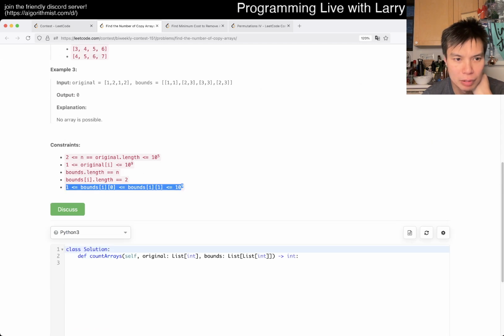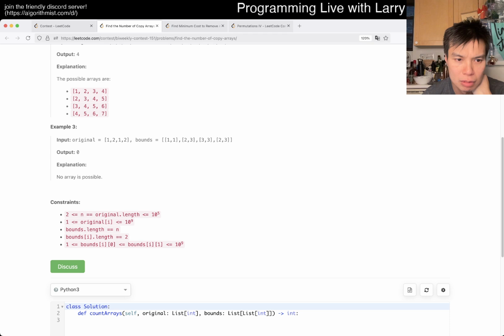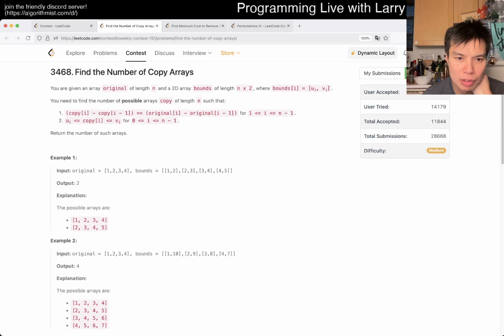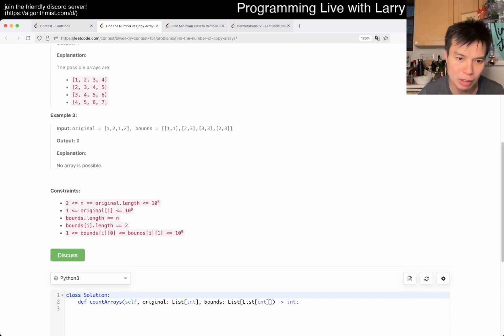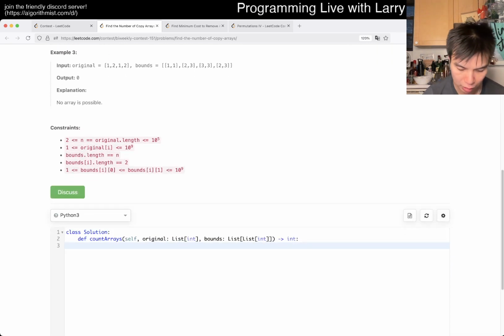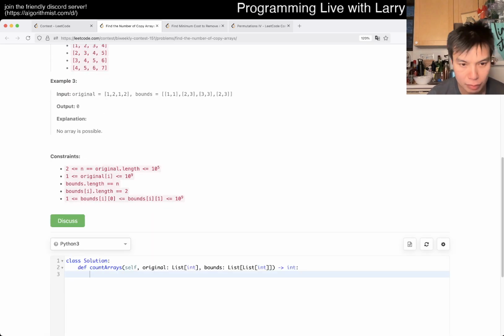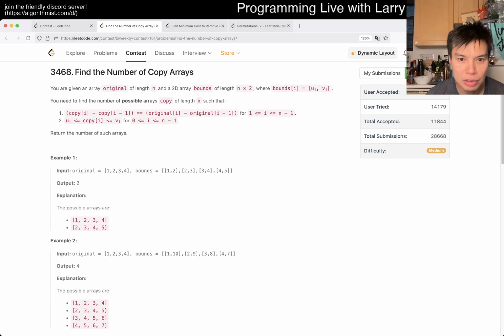So I don't think that's binary search. Just carry the bounds forward, right? So okay, upper, lower for each one, and then that's it, right? Okay, fine. How do I want to write it though? I mean, the original doesn't even matter.